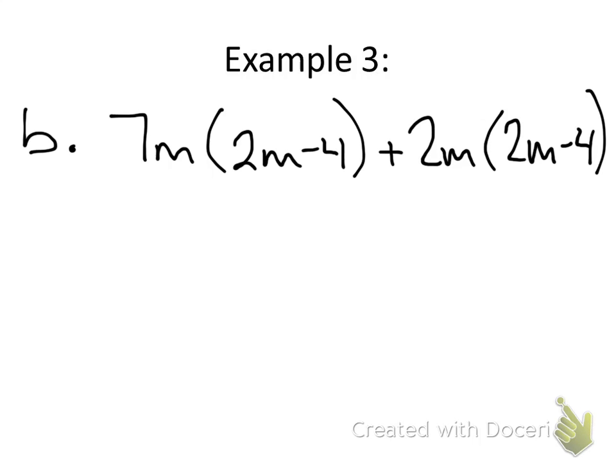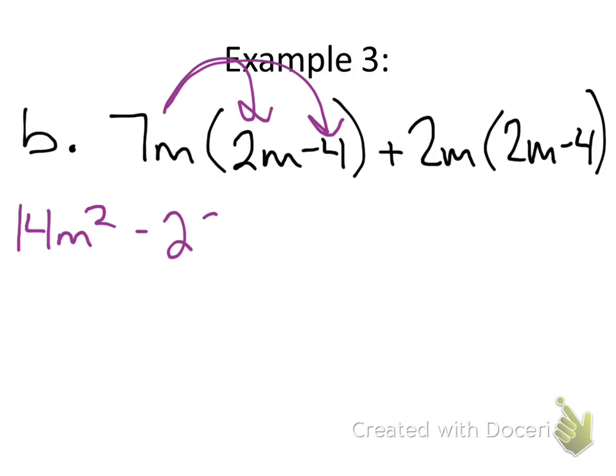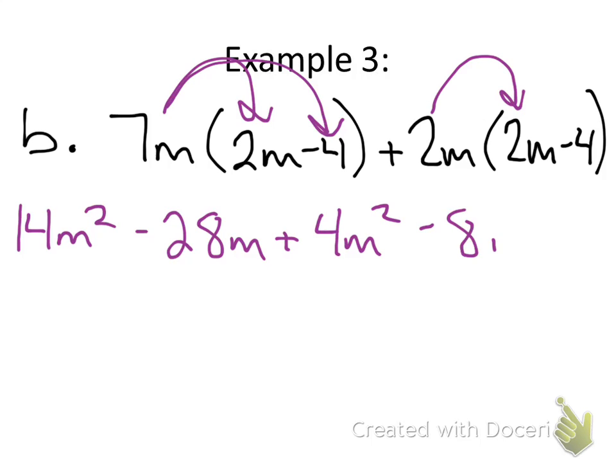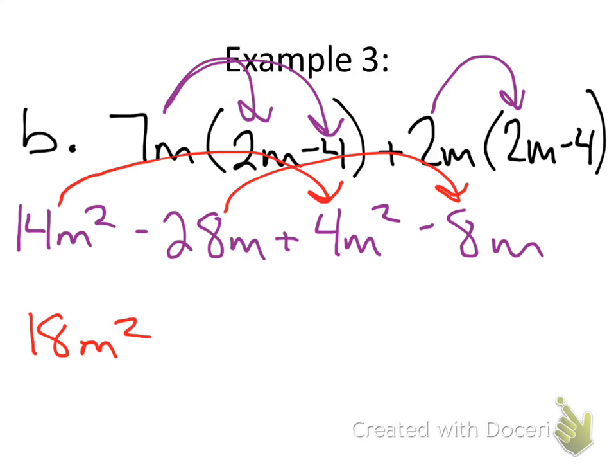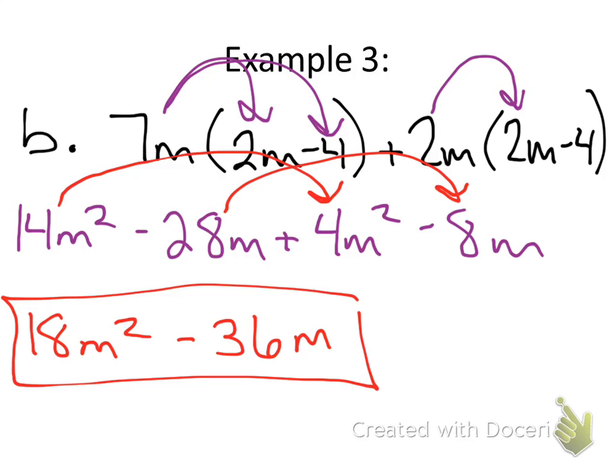All right, again, we use distributive property to multiply this out. 7m times 2m is 14m squared minus 28m plus 4m squared minus 8m. Combine like terms. 14m squared plus 4m squared is 18m squared. Negative 28m minus 8m is negative 36m. And that would be your final answer.